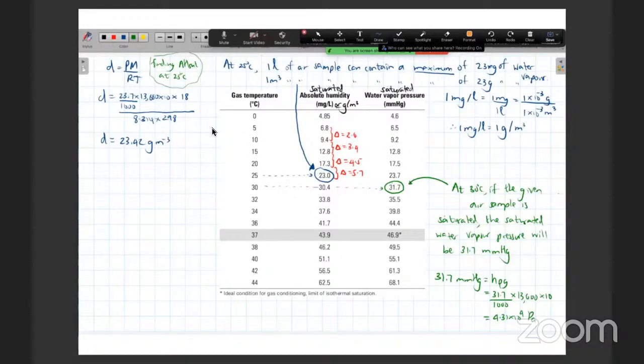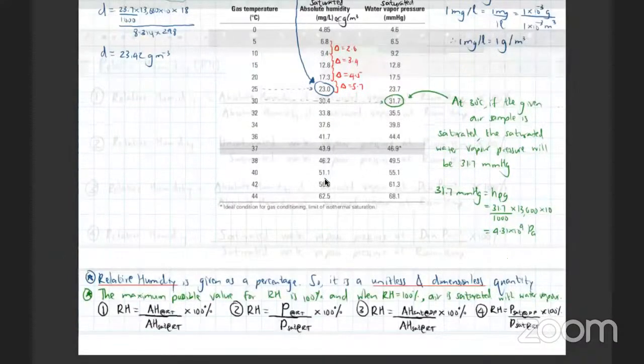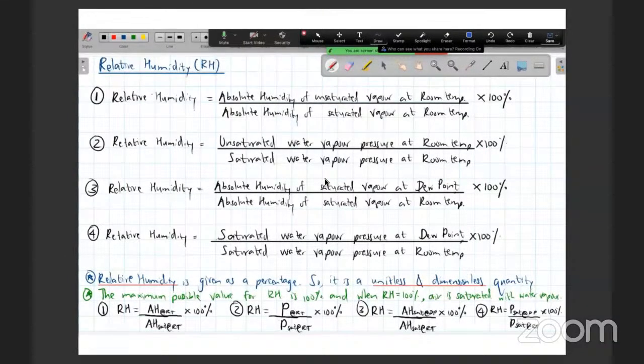You divide the mass of water vapor by the volume of the chamber, the volume of the area given to you. And then we learned the equations for relative humidity. There were 4 equations for relative humidity. Depending on the context of the question, we will be choosing the most appropriate equation.